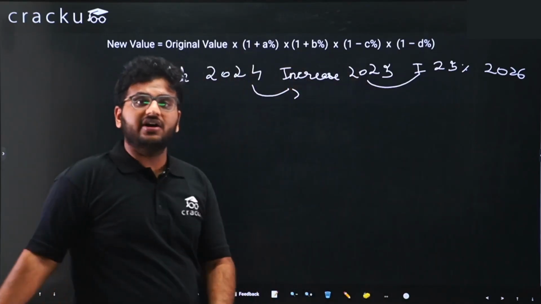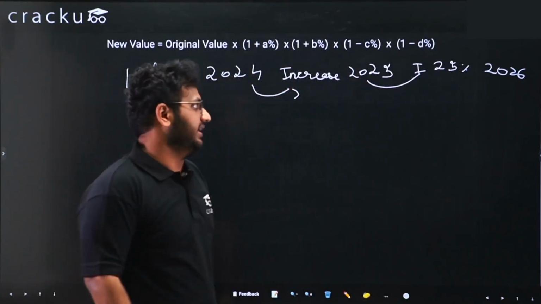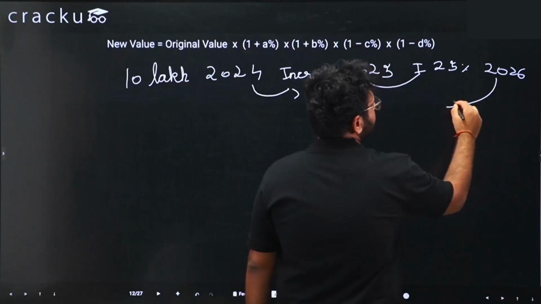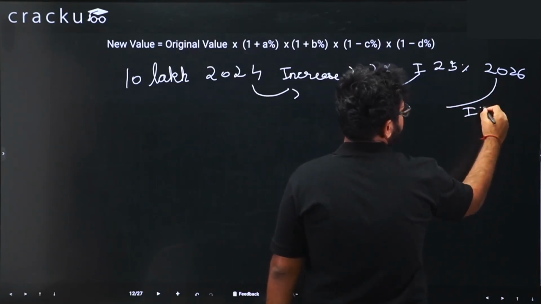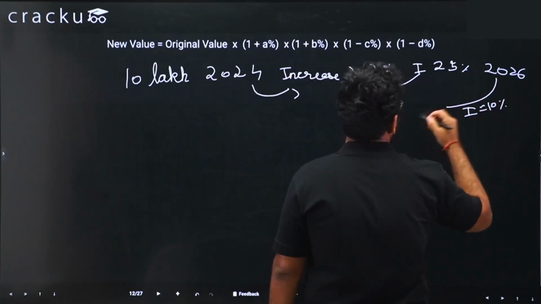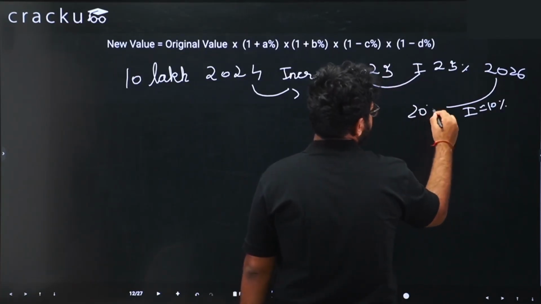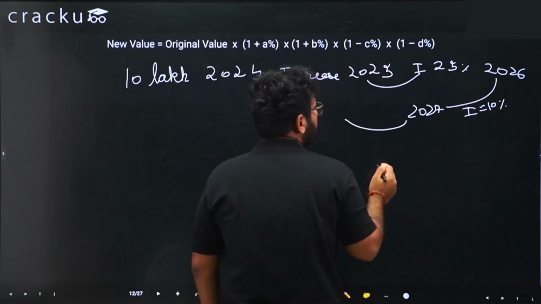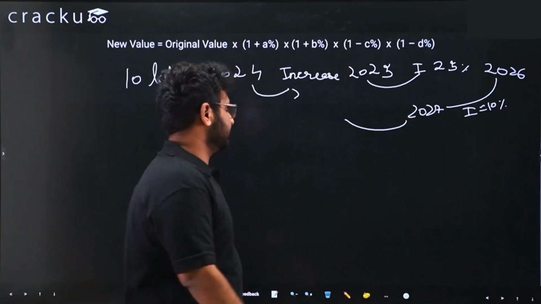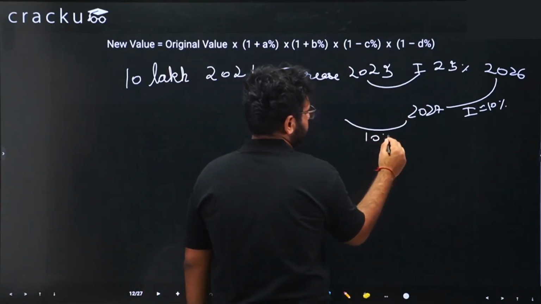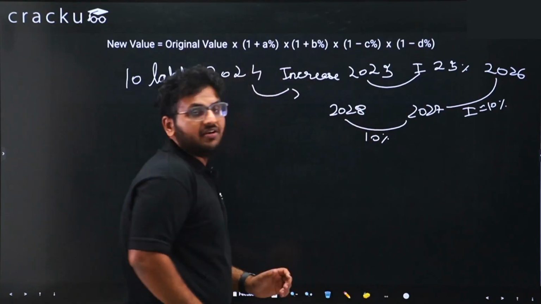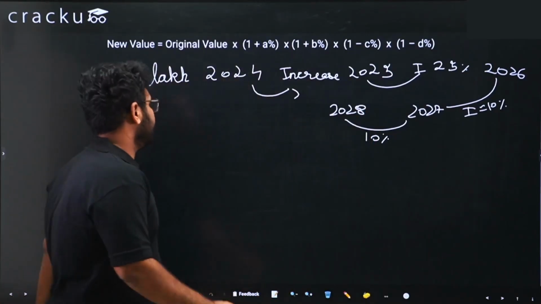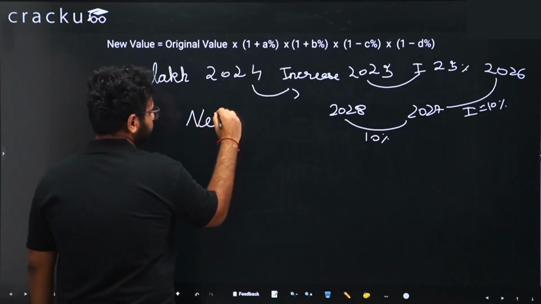Now, I got another 10% increment from 2026 to 2027, so an increase of 10% in 2027. Now, I got one more increment of 10% in 2028. So, what will be my net income?